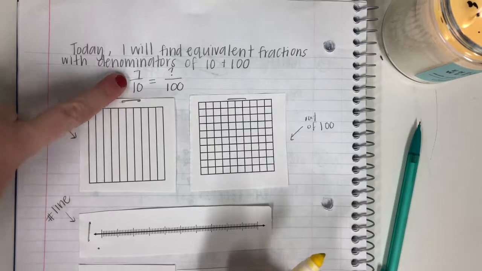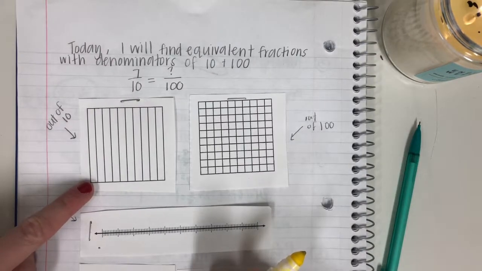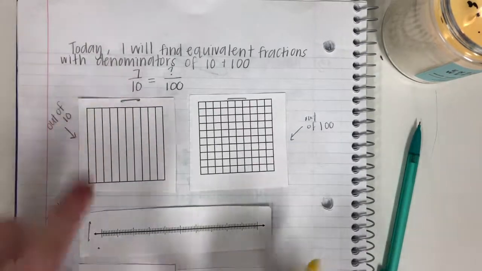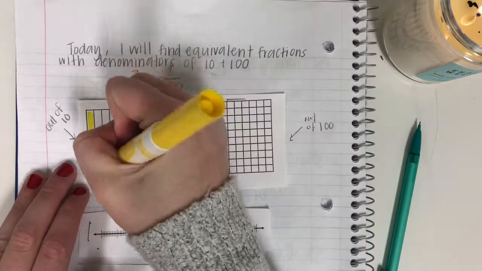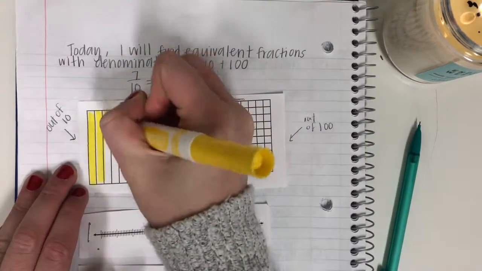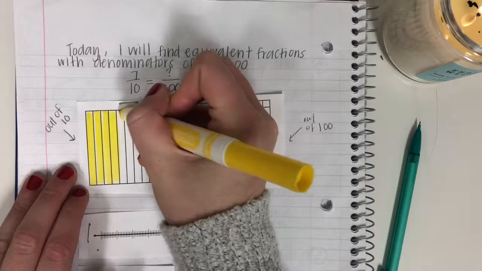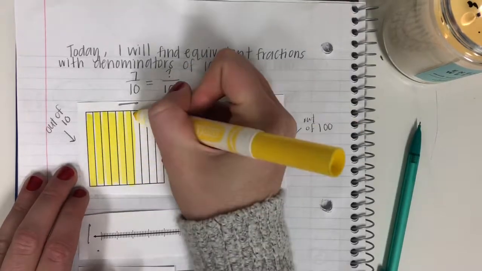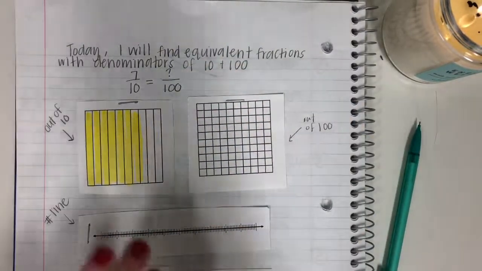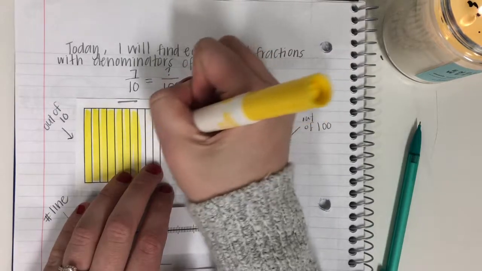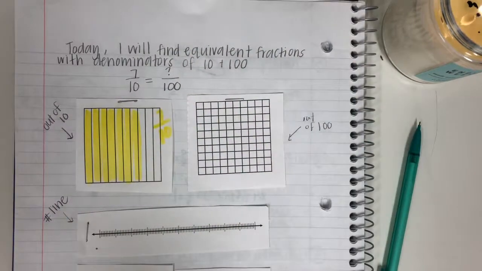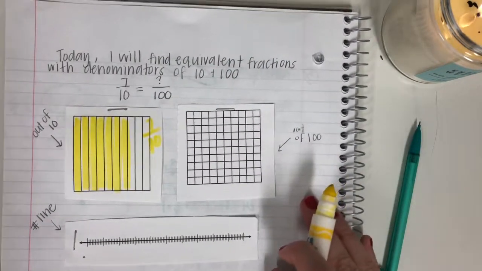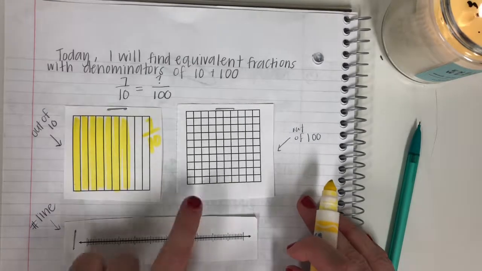So what I'm going to do is first represent the given fraction that I do have. So I have 7/10. So I'm going to go to my 10 model, and I'm going to shade 7 out of my 10. So I'm going to do 1, 2, 3, 4, 5, 6, 7. Okay, so this represents 7/10. Now I need to shade the same amount with my hundreds block.